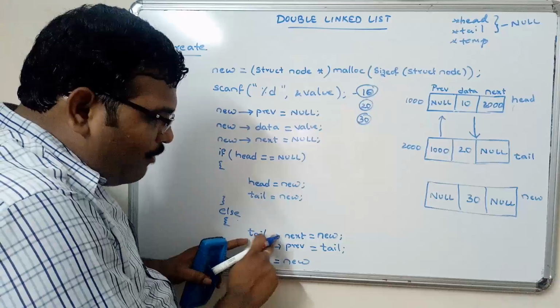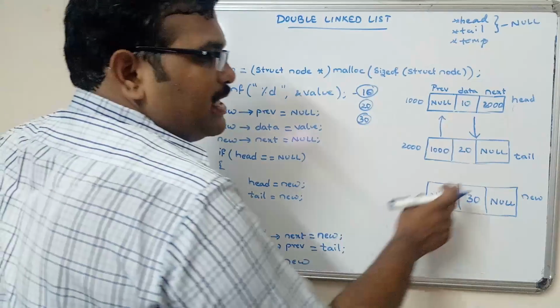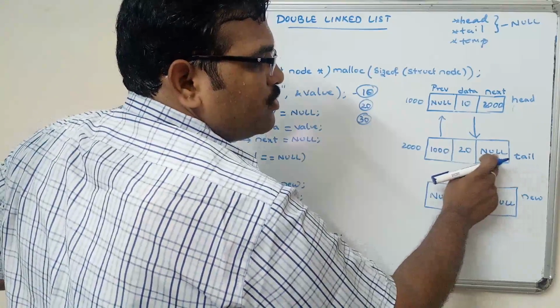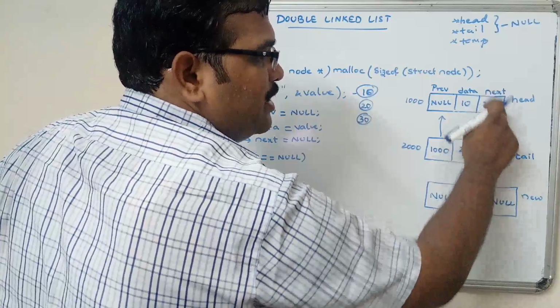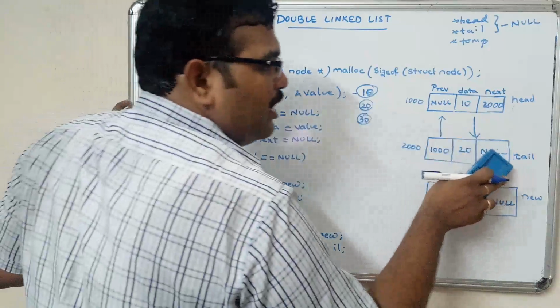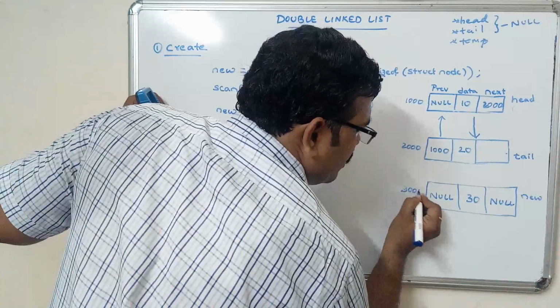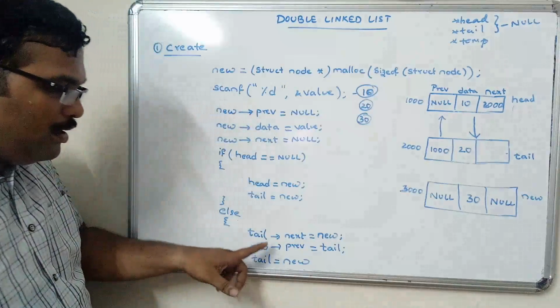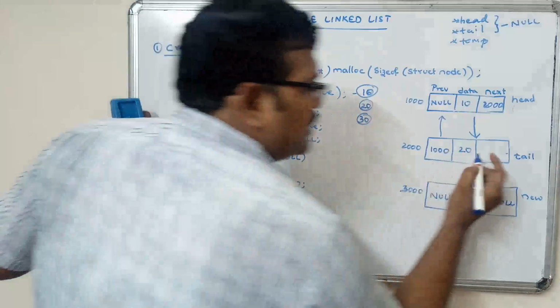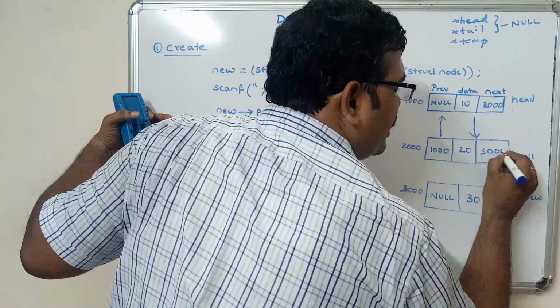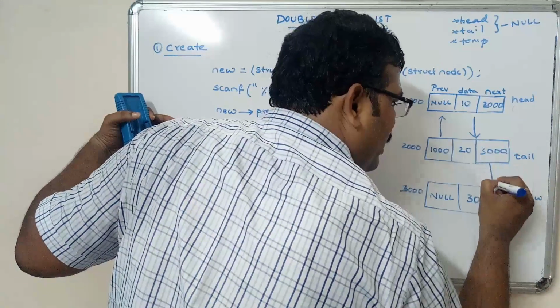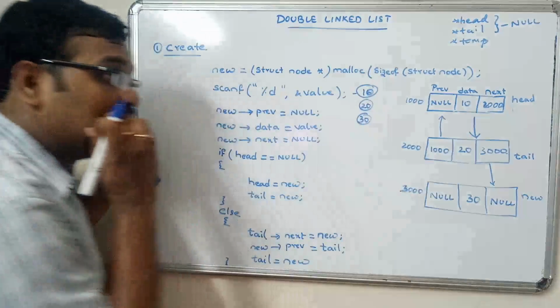Tail of next equal to new. What is the tail of next? See, this is the next part. Let the address be 3000. Tail of next equal to new, so 3000 will be placed here, and automatically a link will be established from here to here.